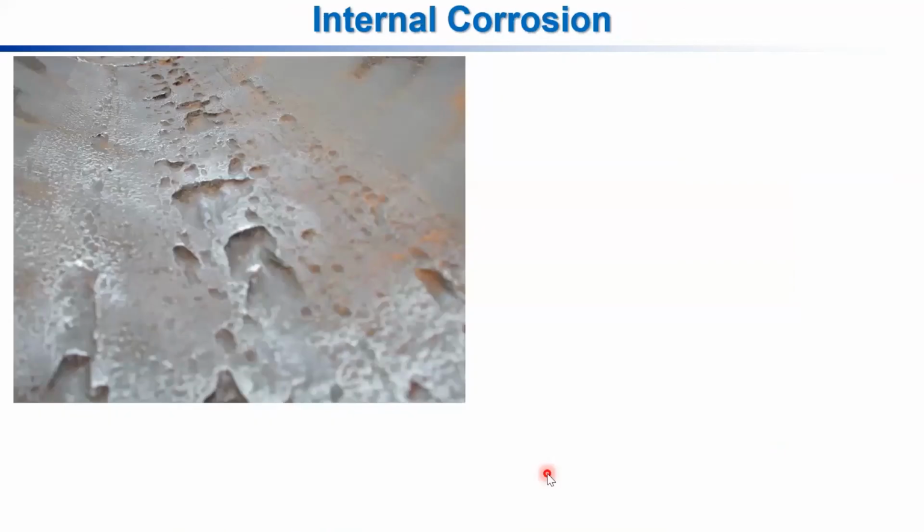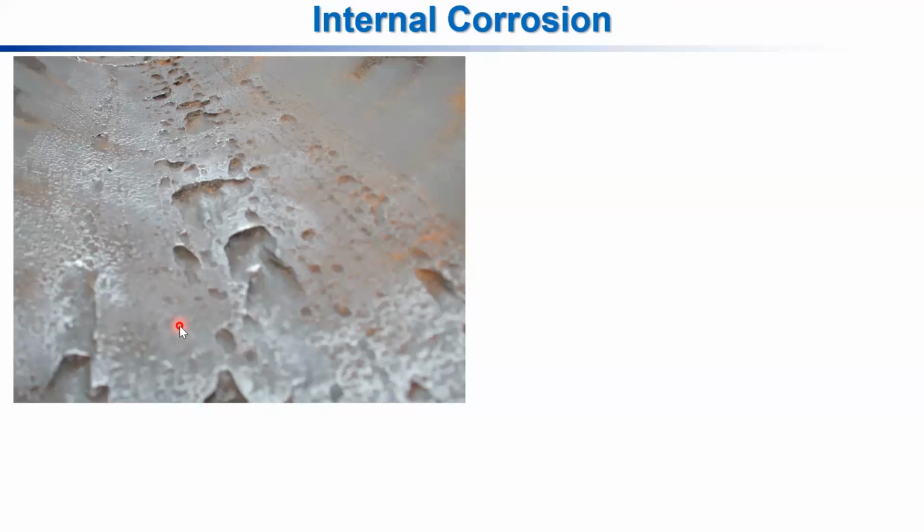Finally, we are going to enter into the internal corrosion part. What you see here, this is a pipeline, okay? Actually, this is a multi-phase flow pipeline. In my experience, one of the most difficult things to prevent or to mitigate is corrosion in multi-phase flow systems.